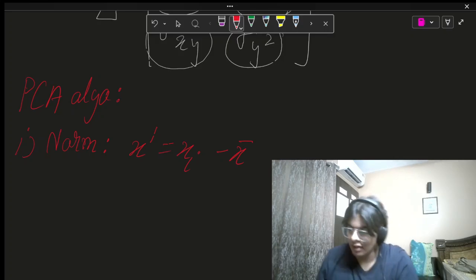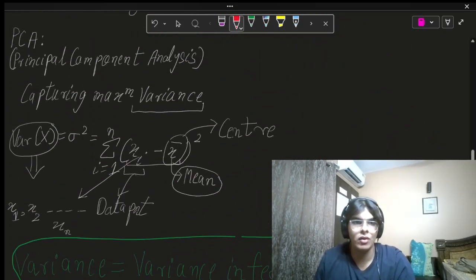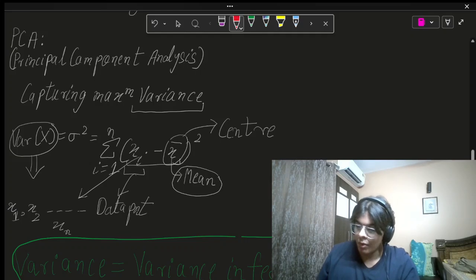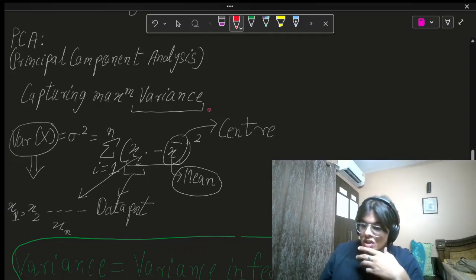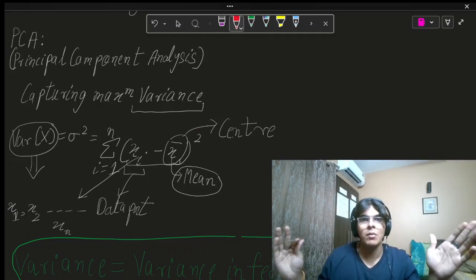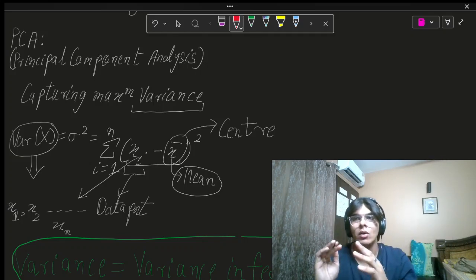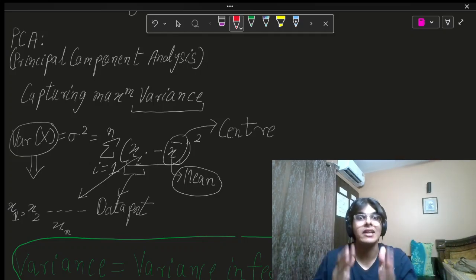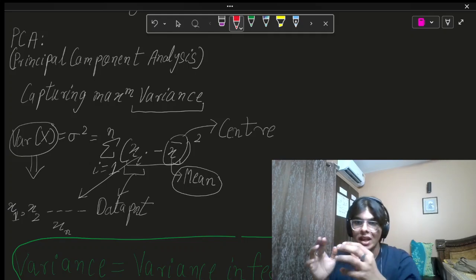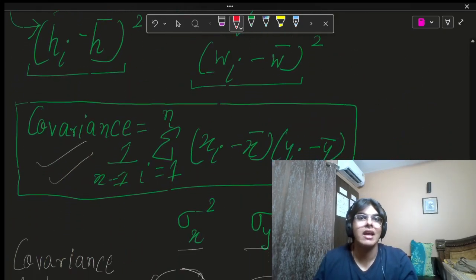The reason for this is very simple, and we have already discussed it. Whenever we talk about variance, we mean how much the individual data point is varying from the center. Variance is not calculated from the edges or from the extreme corners. It is calculated with respect to the center. The reference point that variance uses is the center, so we need to centralize our data.